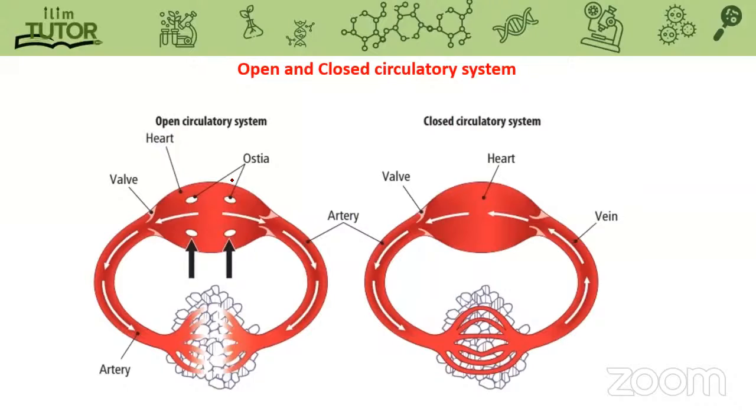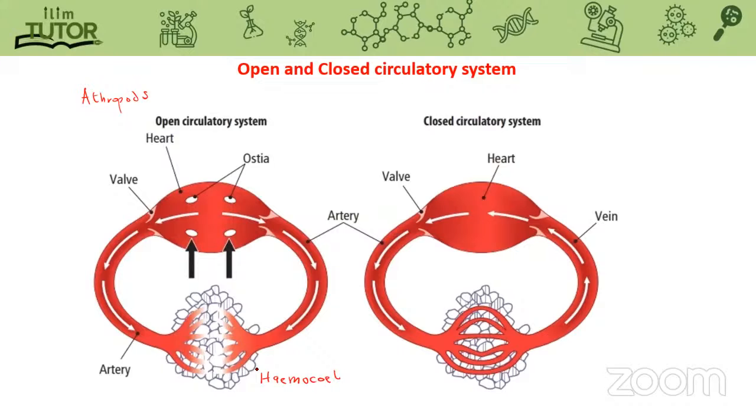So we can also talk about circulation in terms of the open and the closed circulatory system. Now, the open circulatory system is something you would usually find in arthropods, like your insects. And we say it is open simply because the blood that is pumped from the heart, yes, it does pass through blood vessels, but the blood is emptied into a space that we refer to as the hemocoel.